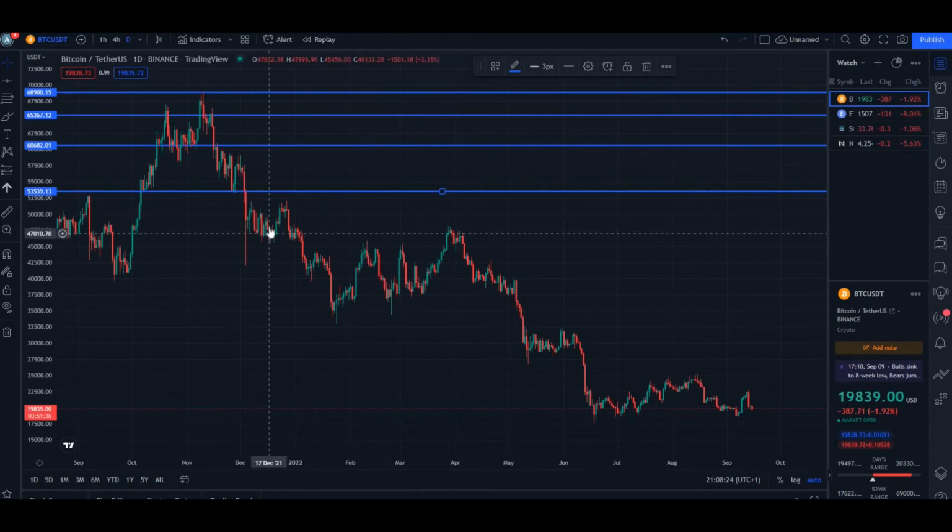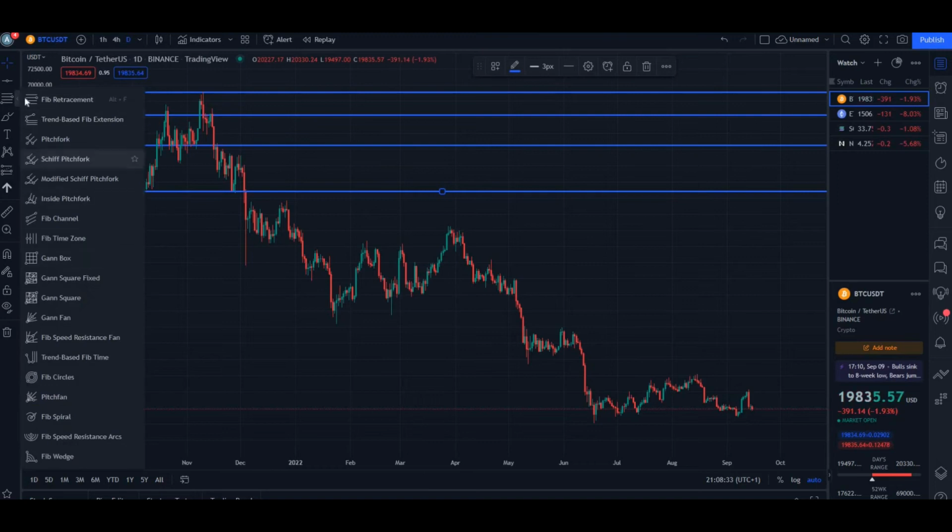And then we keep going down this chart, and I guess you could say here as well is another level of support and resistance.